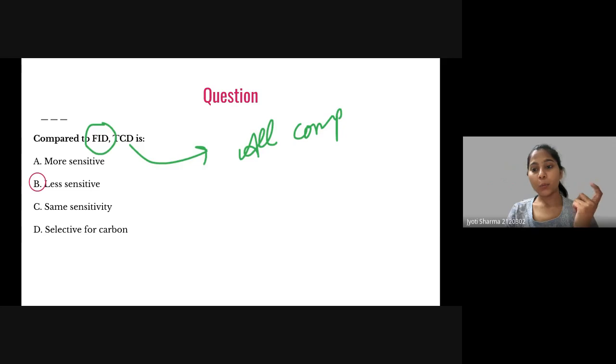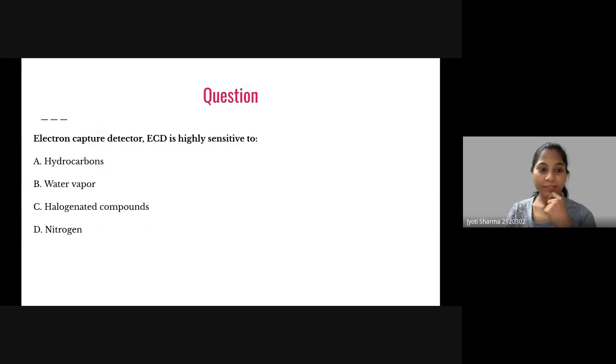Okay, now we have third type of detector, that is electron capture detector, that is highly sensitive to hydrocarbon, water vapor, halogenated compound, and nitrogen. Yeah, so C answer is the right one.